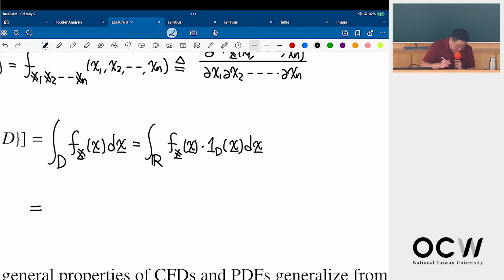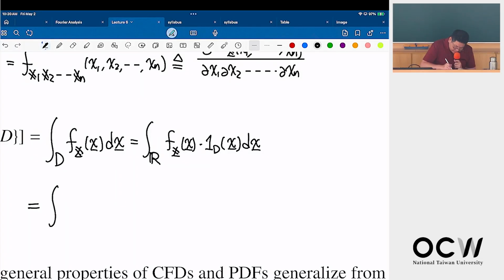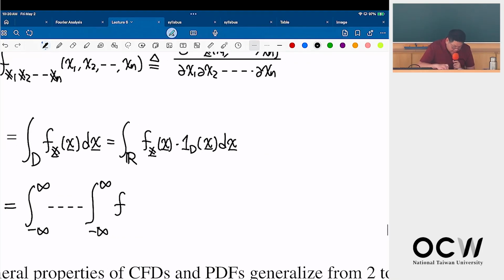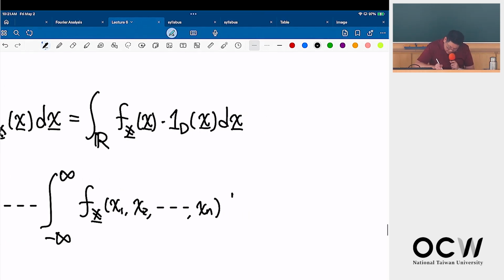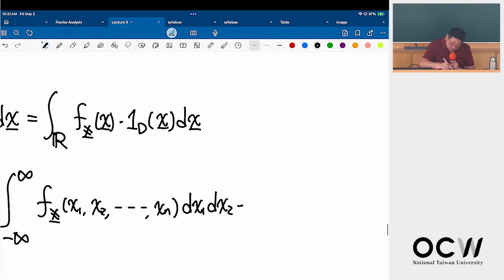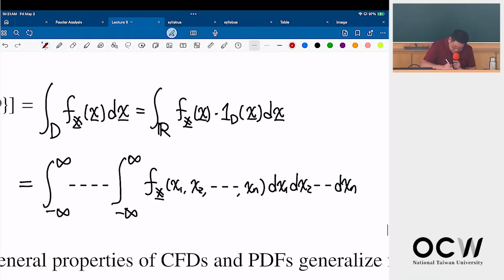And this is the n-fold integration from -infinity to infinity of f of x1, x2 to xn, dx1 dx2 to dxn. So this is n-fold integration.